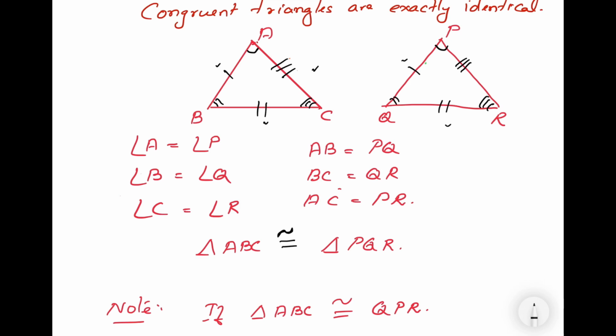The same sequence you have to write: if you start with ABC, then you should write PQR. In case you are starting with ACB, then similarly corresponding to AC is PR and corresponding to BC is QR, so you should start with PRQ. If you don't write the sequence properly, then you will not get the corresponding parts.